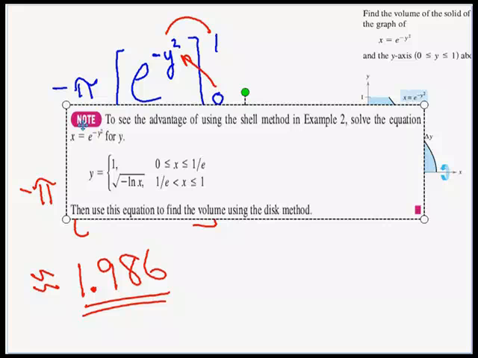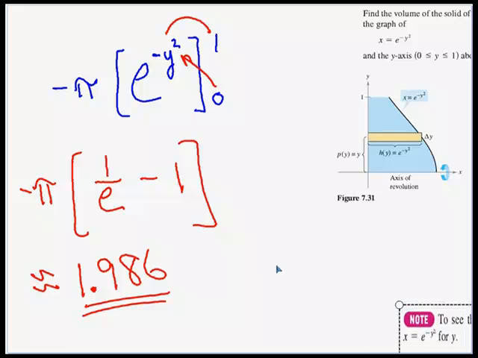Well, if we want to get that y alone, we're going to have to log both sides, do some other stuff, and we wind up with this piecewise function. y is equal to 1 for all x values between 0 and e to the negative 1 power. And from e to the negative 1 to 1, our value is the square root of the negative ln of x. So we would then use this equation in the disk method, which would be much more complicated than what we just did. Sometimes that shell method is preferable.